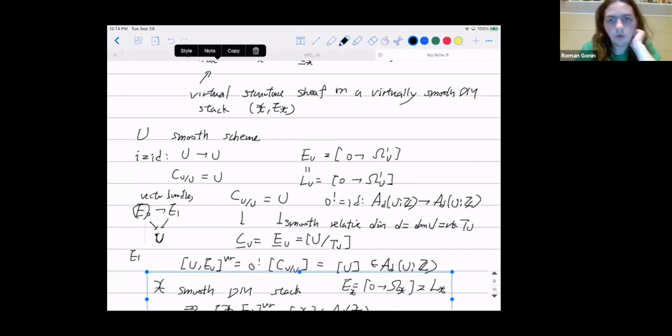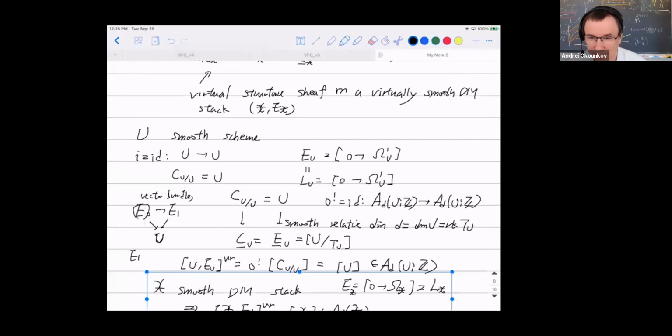Maybe it will help if I point out: suppose I have a smooth space and I take the de Rham complex of it. It's the alternating sum of exterior powers.